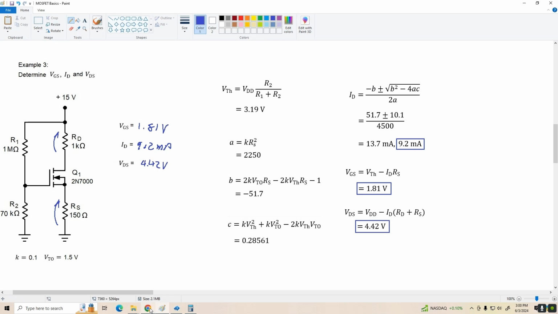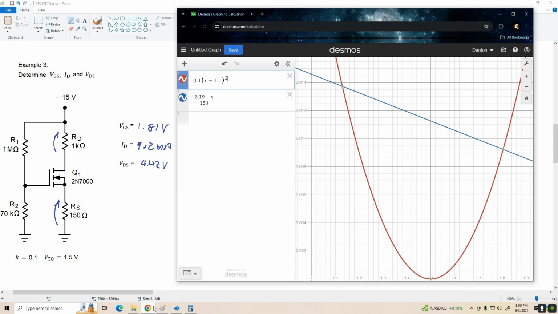So let me open up my browser here and show you what we've got. Now, here's my transconductance equation. This is K times VGS, which is X, minus VTO, the turn on or threshold voltage, squared. So that's our parabola.